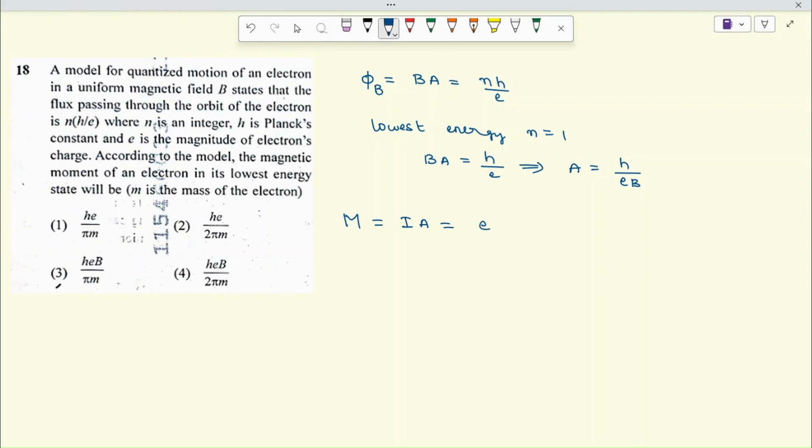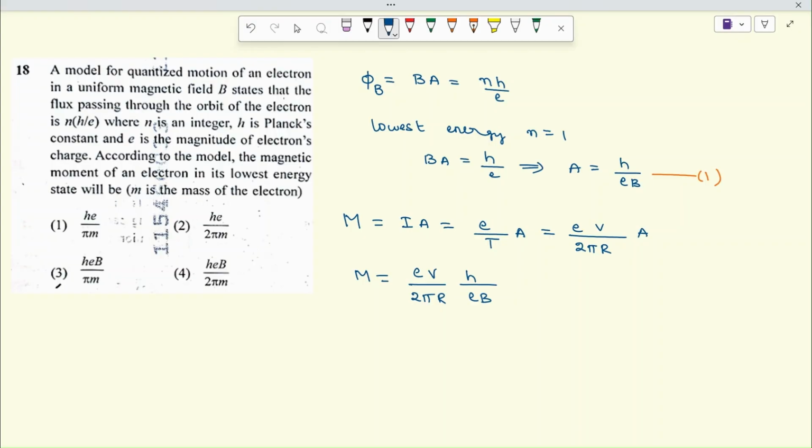And what is current? e by time period into area, where time period is total distance in one rotation, that is circumference 2 pi r by velocity v, into area A. So m is equal to ev by 2 pi r into area we already obtained. Let us say this is equation 1. From 1 you can write it as h by eB.